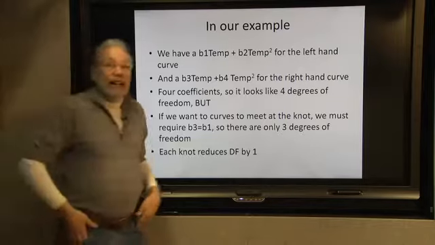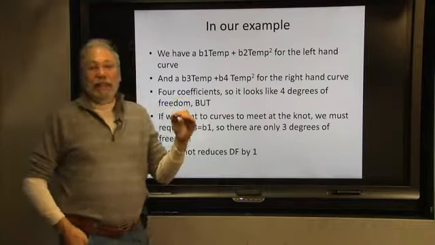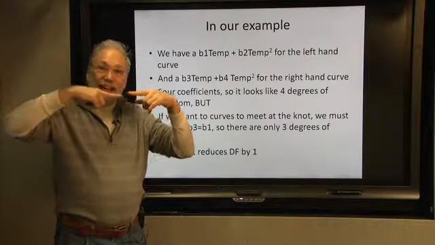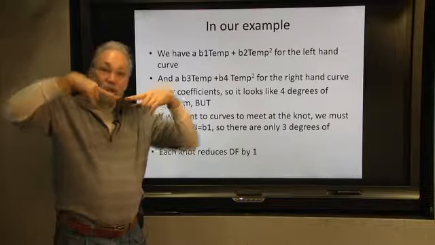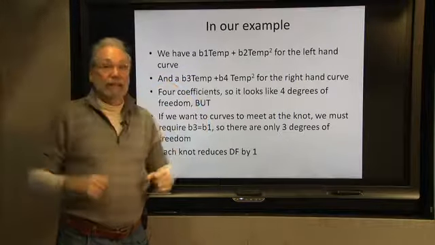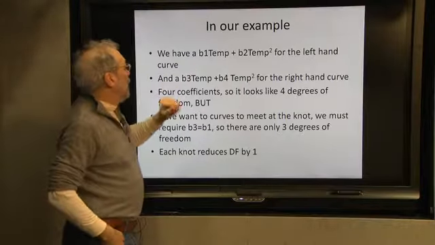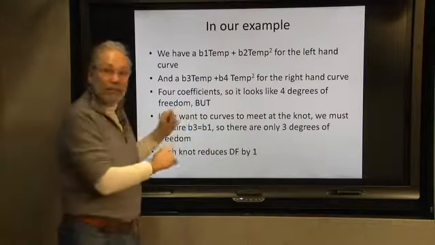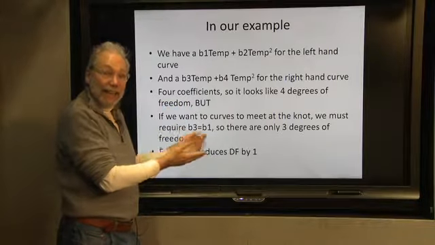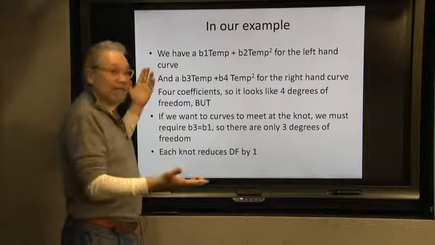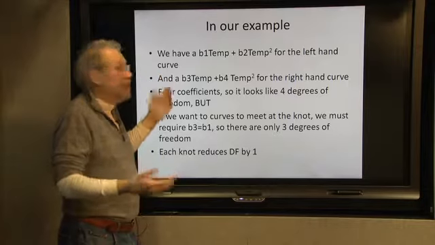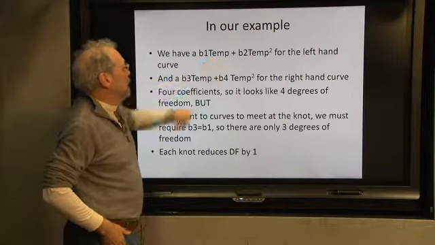Okay. Now let's talk about what this requirement that the curves meet up at the boundary point does. So if I'm on the left-hand side of the curve, so I'm looking at deaths as temperature gets colder, I fit a quadratic polynomial in temperature. I have a B1 times temperature.